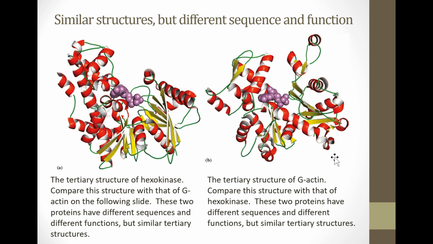There's often multiple ways to skin cats biologically, and evolution provides an interesting mechanism by which we can reach the same outcome through different paths. And this is called convergent evolution.